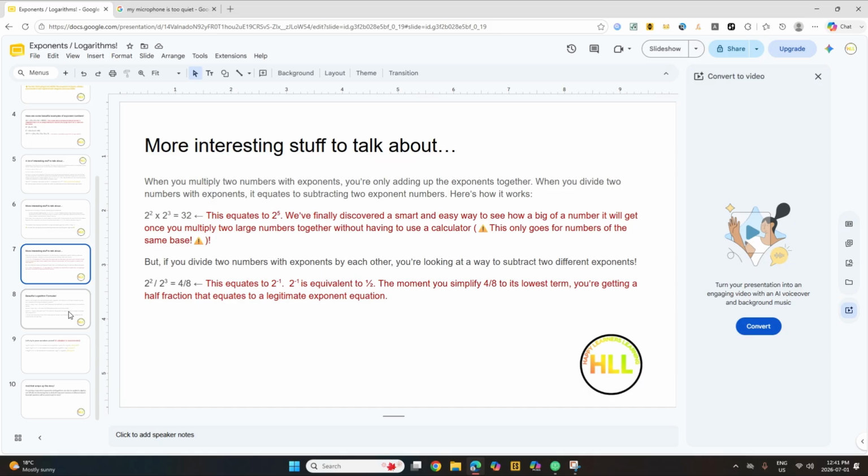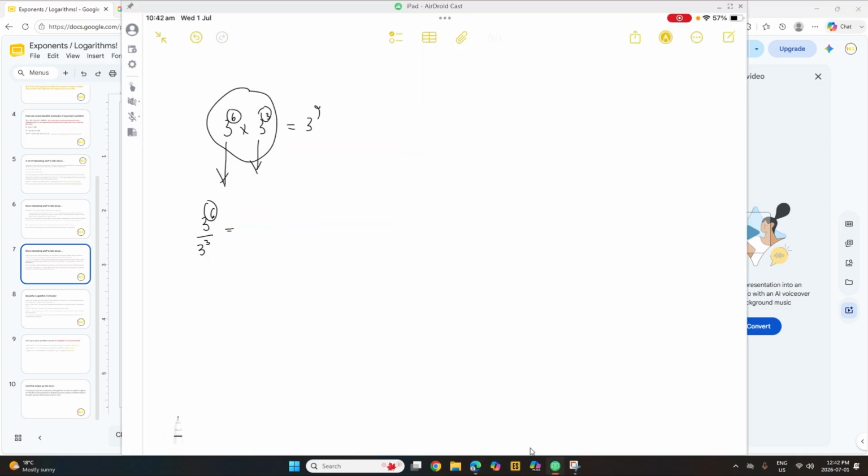When you're dividing two numbers of the same base but different exponents, you're only subtracting the exponents. So 6 minus 3, that's 3 to the power of 3.